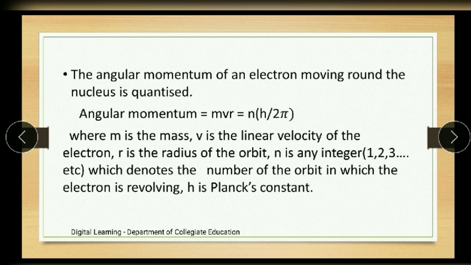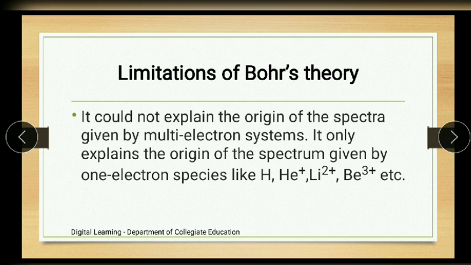Though Bohr's theory could explain the structure of the atom fairly well, it also had certain limitations. Those limitations are: it could not explain the origin of the spectra given by multi-electron systems, that is, systems with more than one electron.